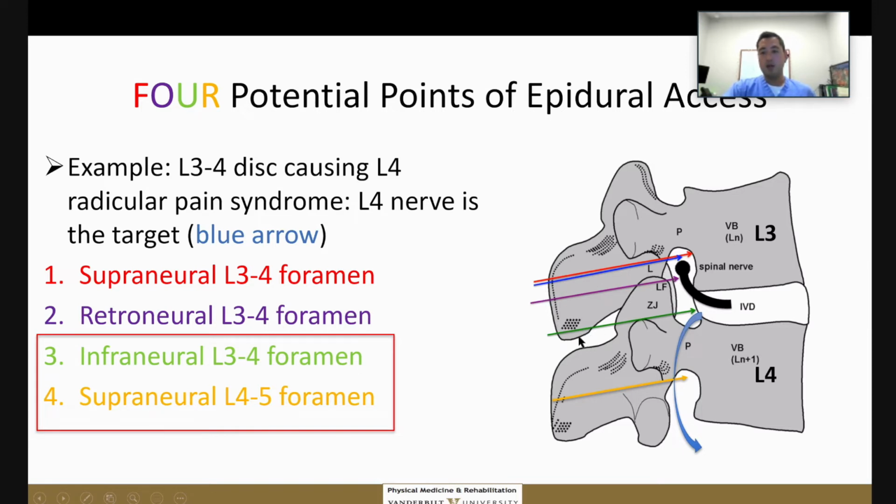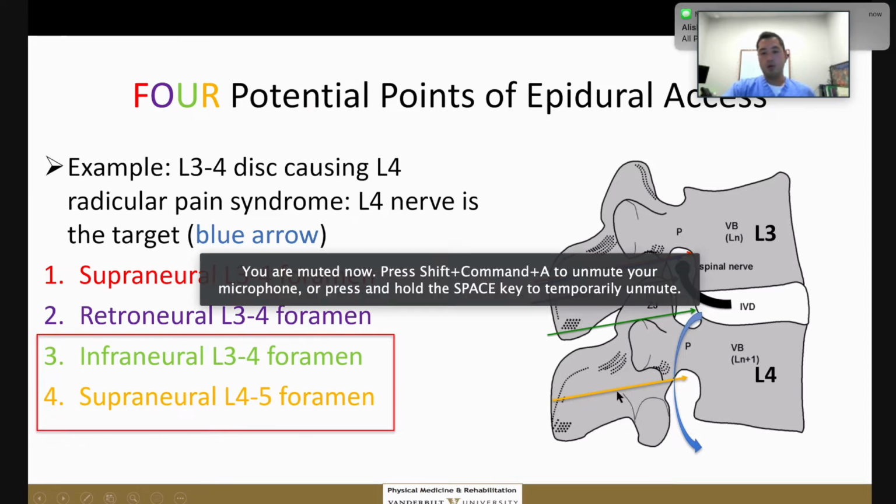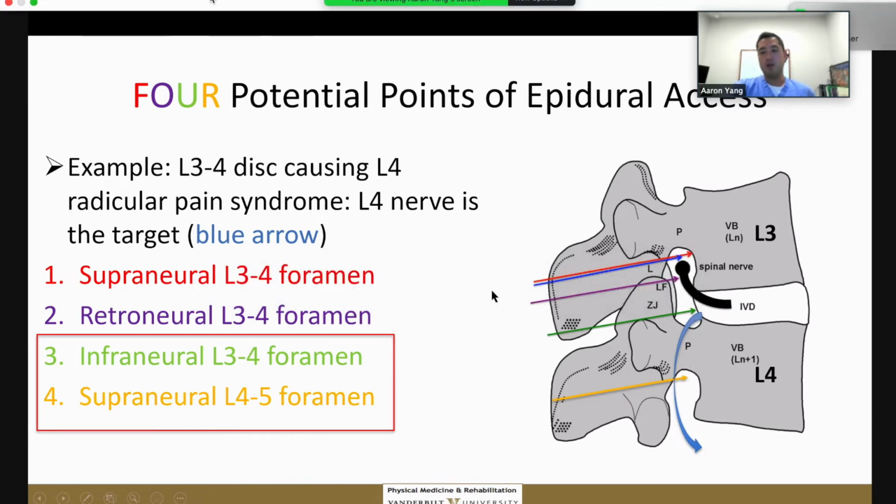And again, you're trying to get the medication to the closest area to where that nerve is affected. And so I circled these two areas, and essentially what I mean by that is you can park the needle here around the infraneural part of the foramen at L3-4, or you could do what's called a supraneural approach, where you're coming from the level below and trying to get the medication to flow up.